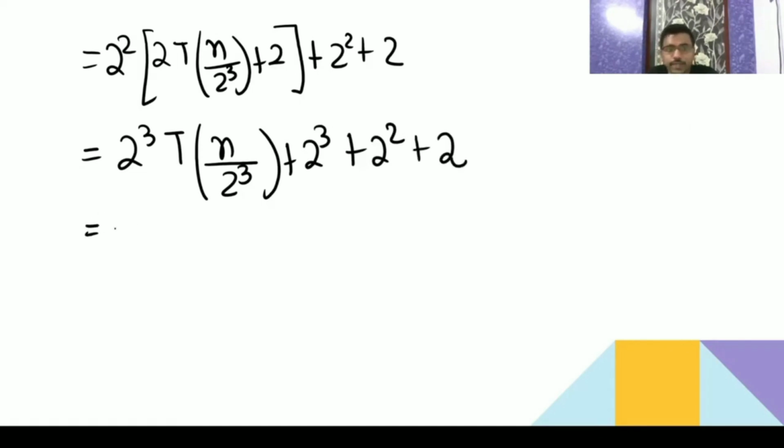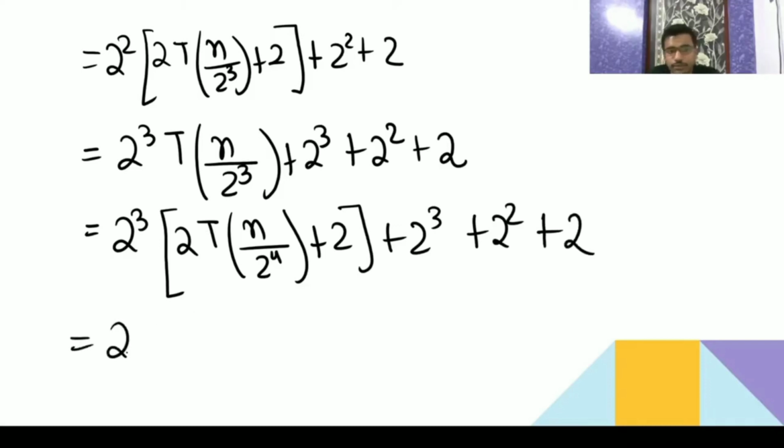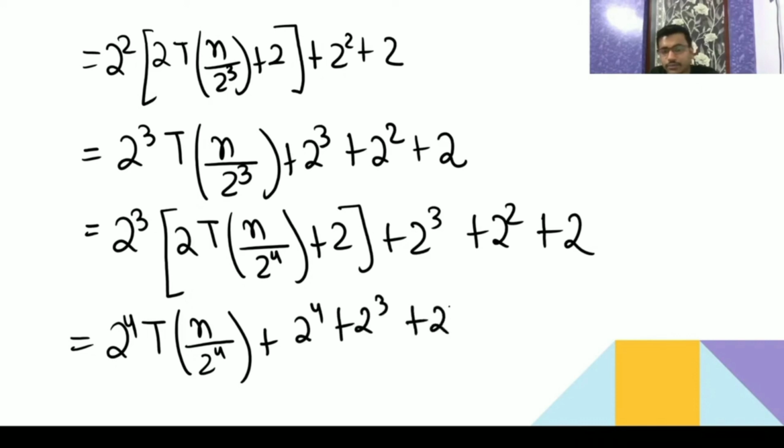Similarly, if you break again, it is going to be 2 to the power 4 T(n/2 to the power 4) plus 2 to the power 3 plus 2 square plus 2. Like this it will keep on going. Whatever power I am having here, that is also here, and then it is reducing by 1.